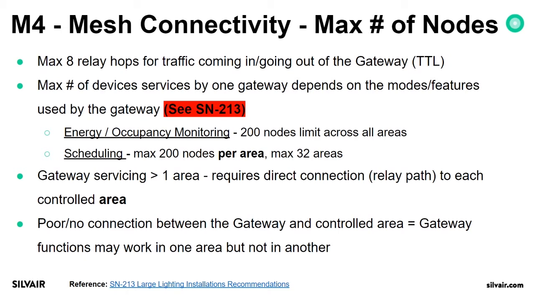Only with the gateway, because the areas are not connected to each other. So the relays should be in such a position from each area to be able to connect with the gateway.